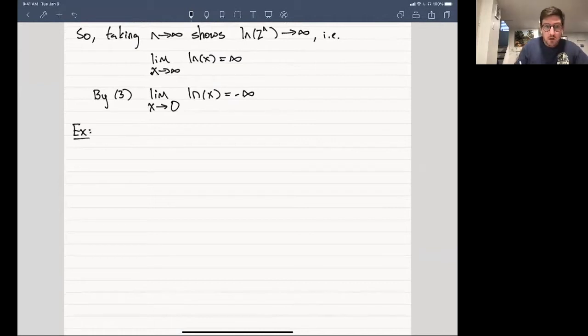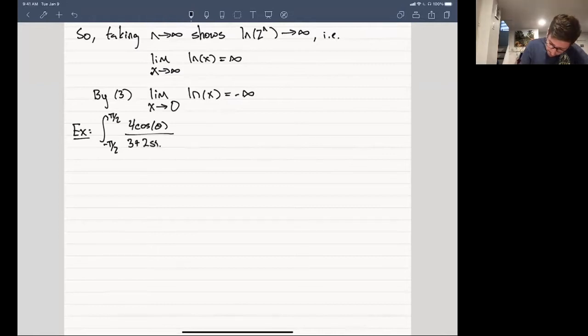Example: let's integrate from minus pi over 2 to pi over 2 of 4 cos theta divided by 3 plus 2 sine theta d theta, right? So it's kind of an ugly integrand. It is certainly not of the form like x to the power of n, so it's kind of out of our wheelhouse at the moment.